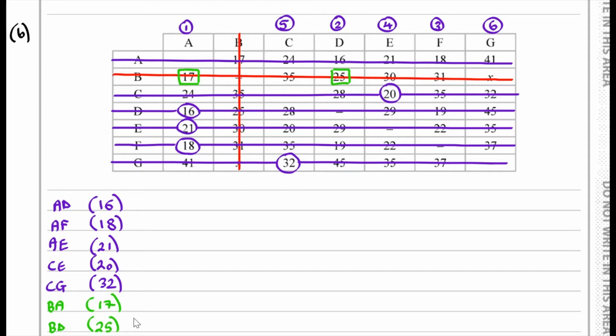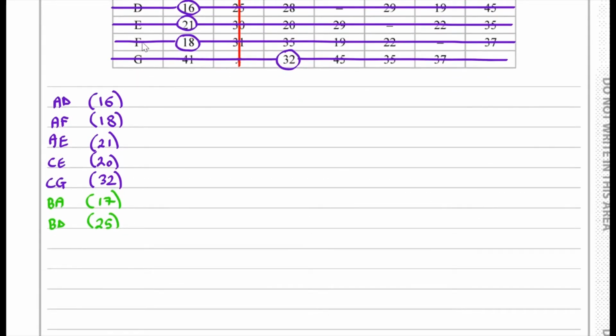And if we add all these together, you'd therefore find the lower bound to equal 16 plus 18 plus 21 plus 20 plus 32. And then we add on this 17 and this 25. You'd therefore find the lower bound to equal 149. Okay?